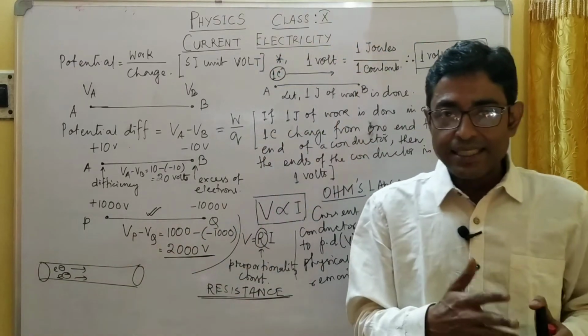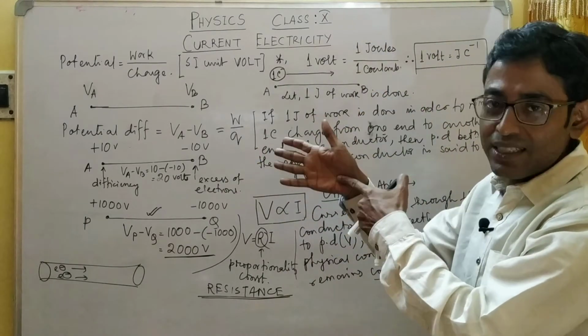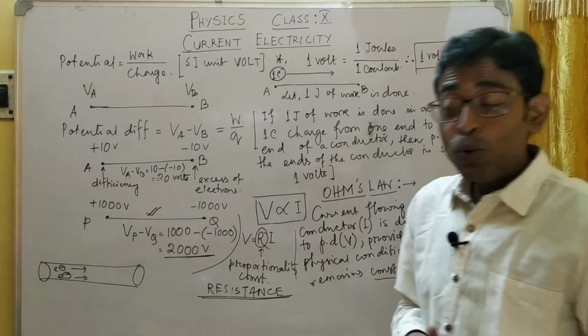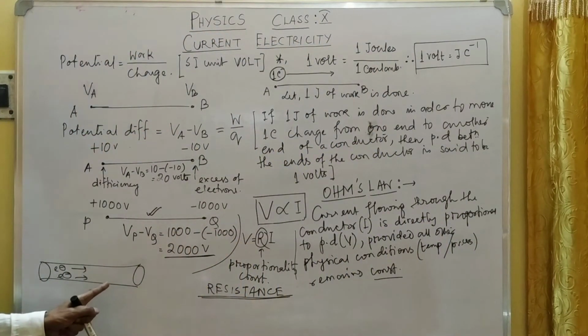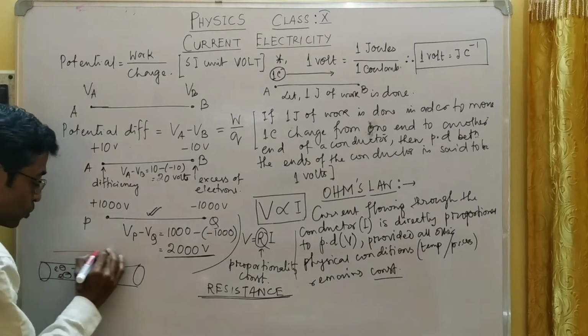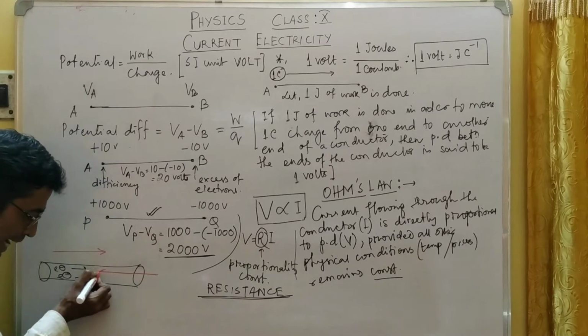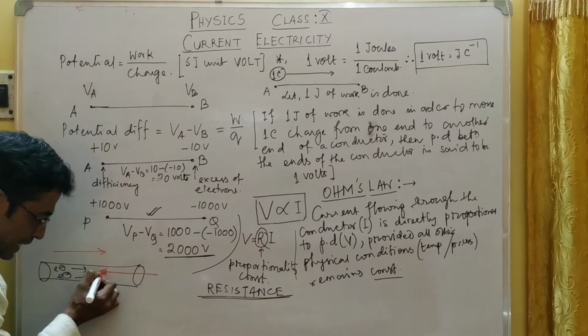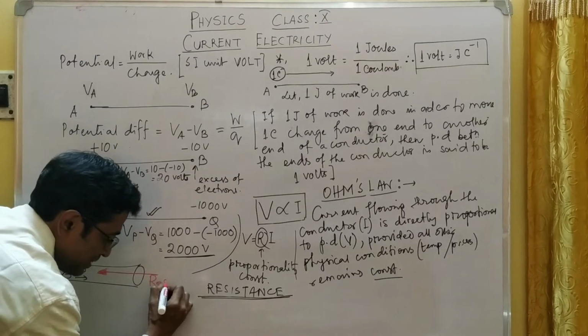That is not an easy thing. Okay, electrons when moving face friction, they face collision. So there is an opposing force offered by the conductor to the flow of electrons. Opposing force means the electron tries to move in this direction, but there is a force which acts in the opposite direction. This is called resistive force.